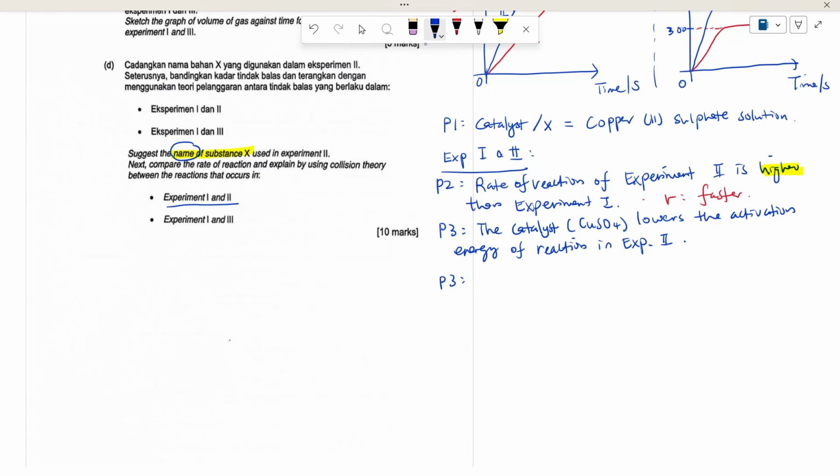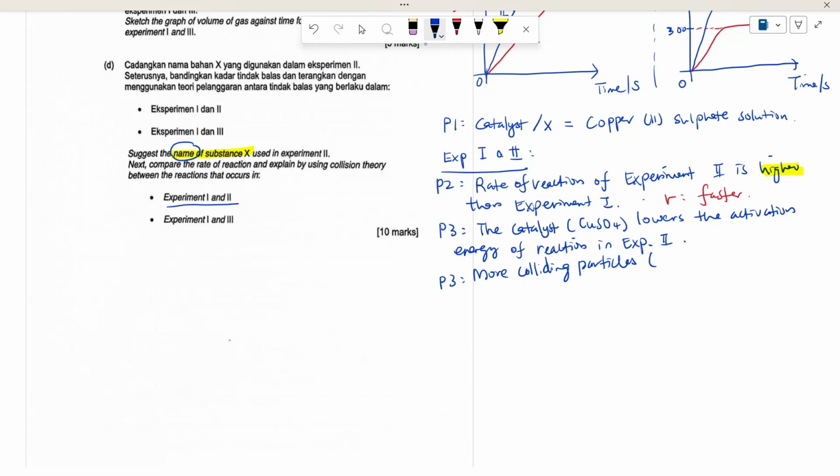Since the activation energy is lower, more colliding particles. So what are the colliding particles here?